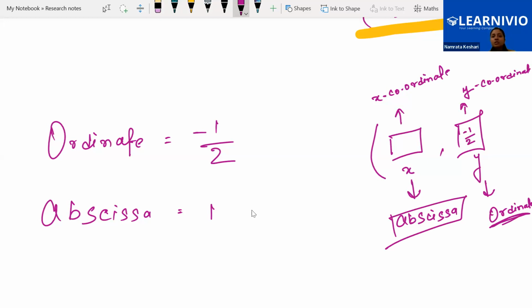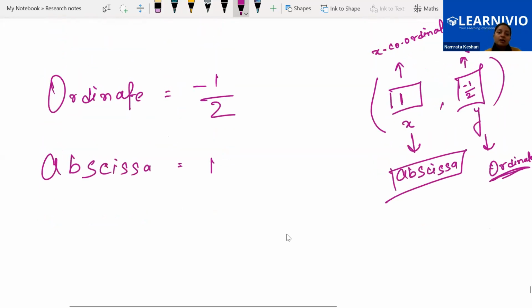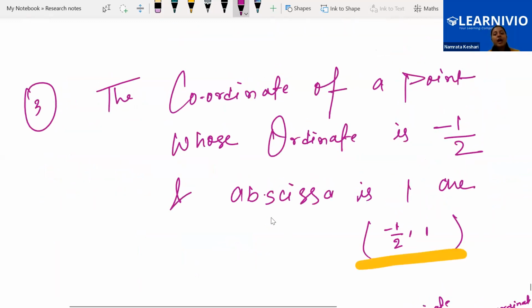It is not going to sit at the x place. Abscissa is 1, that is our x. So the coordinate will look like (1, -1/2). See, we are having (-1/2, 1). Can you see it?